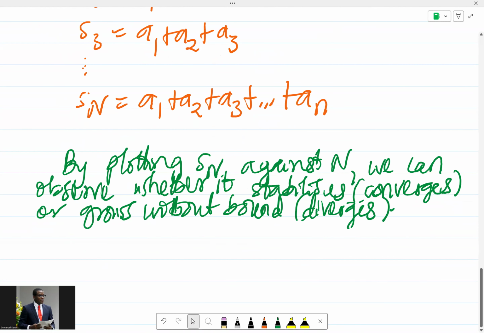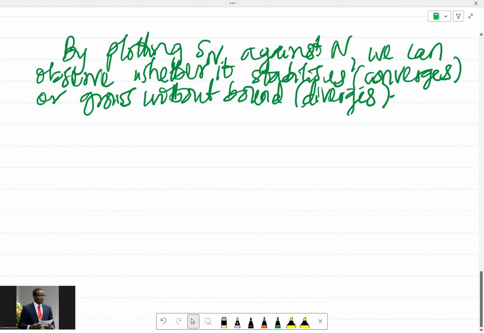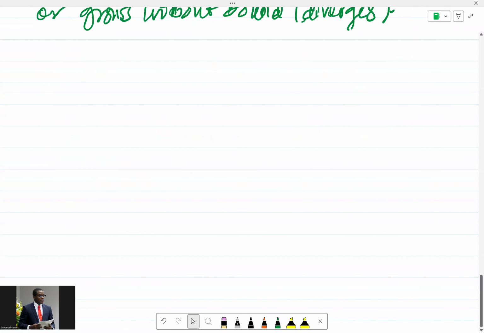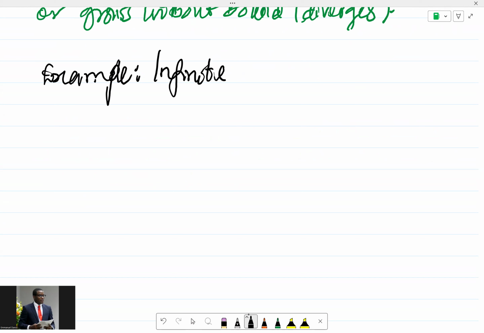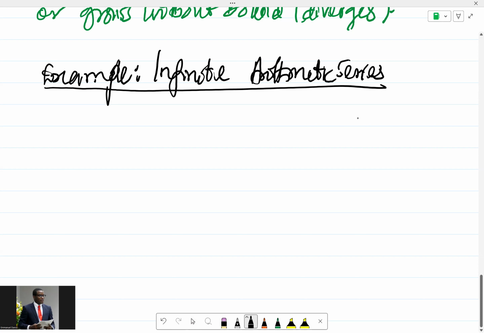Let's imagine this example. We have an infinite arithmetic series in this particular example.